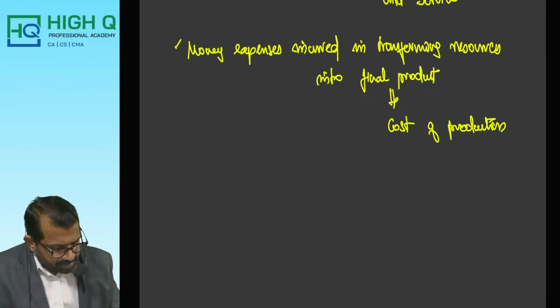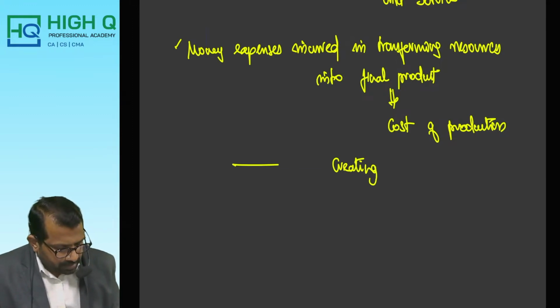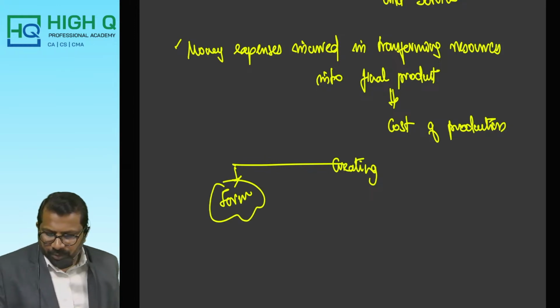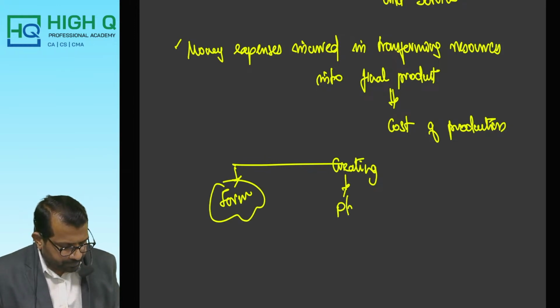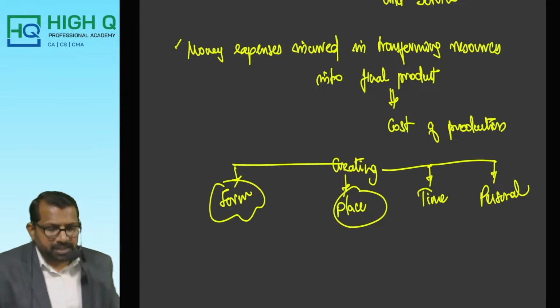So for the purpose of creating, there are various types of utility: form utility, place utility, time and personal utility.